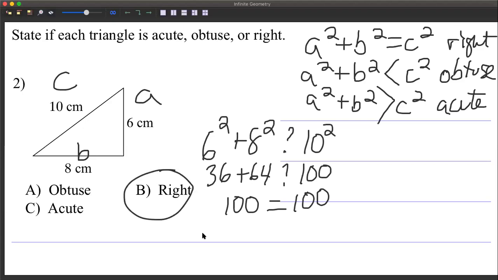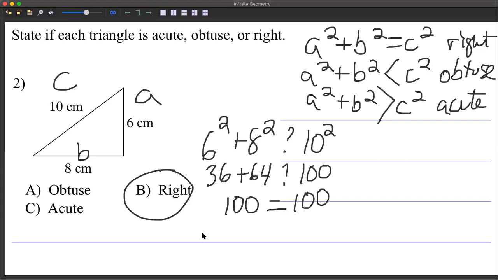The reason I knew this answer so quickly was because I noticed 6, 8, 10 is a 3, 4, 5 just doubled. See, I wasn't kidding when I told you 3, 4, 5s are everywhere. They pop up a lot. The more familiar you are with them, the more it saves you a whole bunch of work, because they're always right triangles.